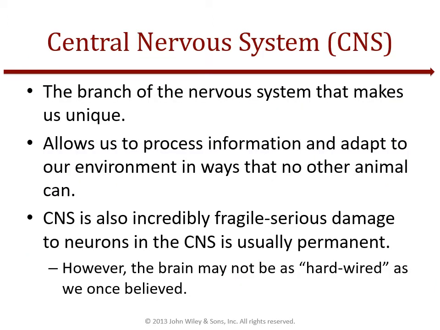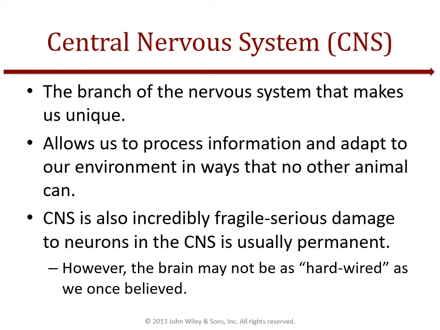Now, the central nervous system is that branch within the nervous system that makes us unique as a species. Most other animals can smell, see, and hear, and they're able to run much better than we can.